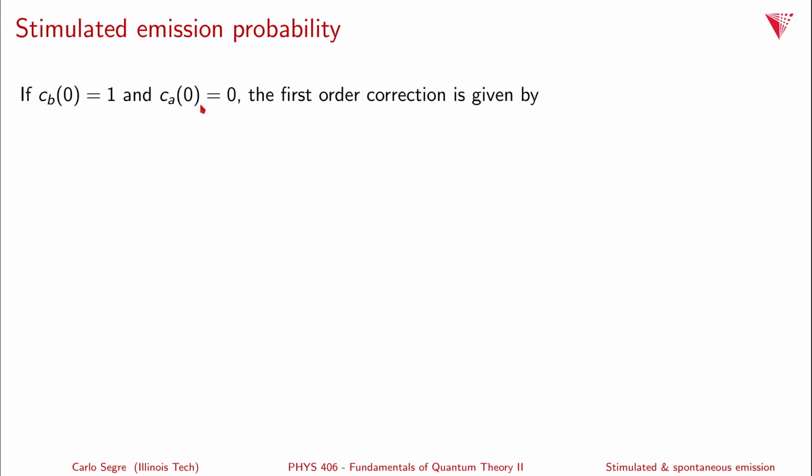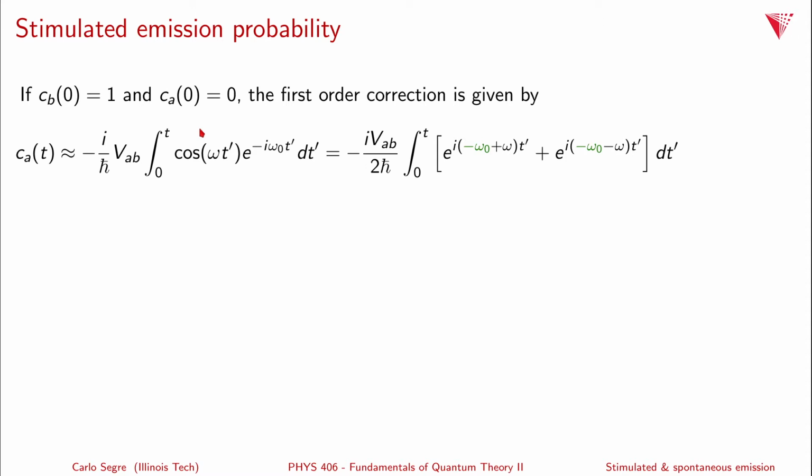But Ca has a first order correction given approximately by minus i over h bar V_AB, integral from 0 to t, of cosine of omega t prime e to the minus i omega 0 t prime dt prime.